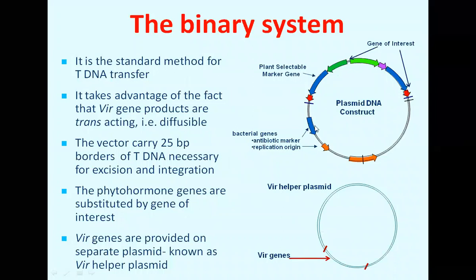This gene will be utilized for selecting those Agrobacteria from those which have not received this plasmid. Those Agrobacteria which have not received this plasmid will die in a medium which contains a particular antibiotic. As against those Agrobacteria which have received these two plasmids, they will survive because they carry a gene which will confer resistance to that particular antibiotic. Okay, so this is called bacteria selection.